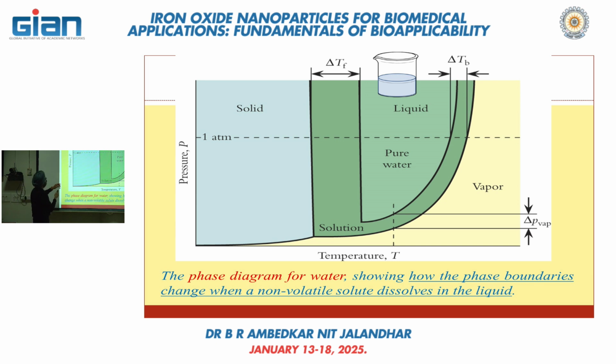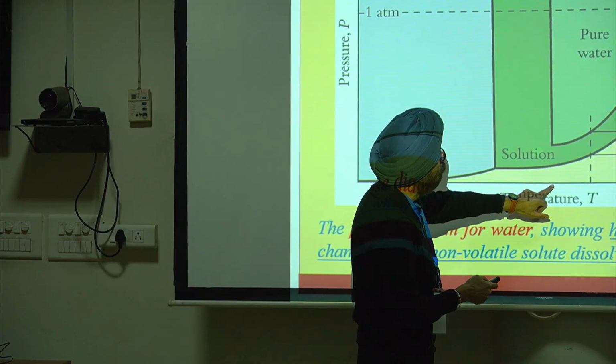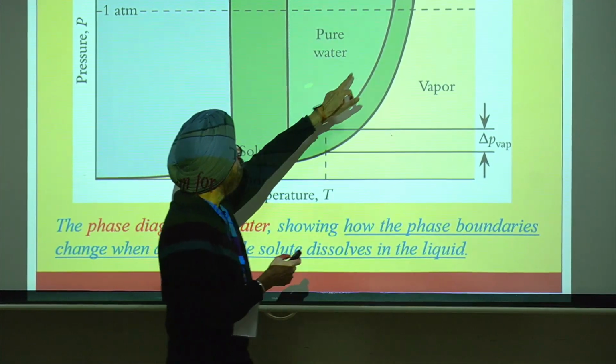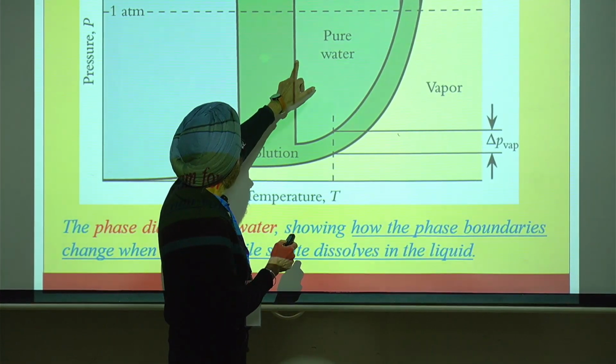If you start with water in the solid state, at minus 20 degrees centigrade, obviously you are dealing with ice, and you keep increasing the temperature. Coming over here, this is the melting point of water, that is 0 degrees centigrade, okay? If I keep heating it further, this is the boiling point of water, that is 100 degrees centigrade. Just concentrate on this line for the time being.